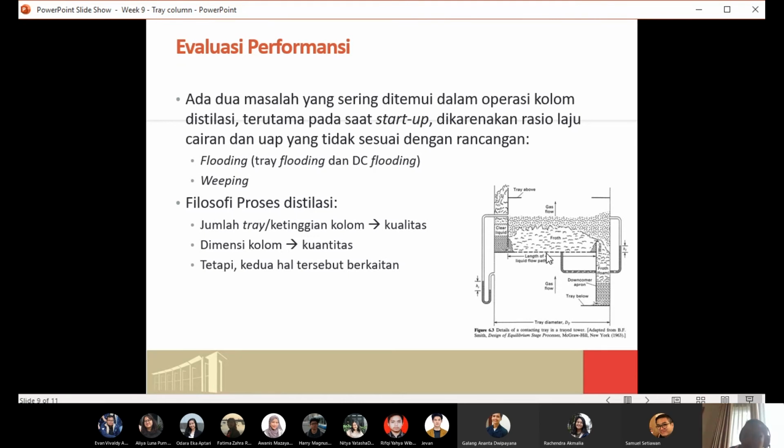But because you have jet flooding or liquid entrainment here, you will bring that dirty liquid, the higher hydrocarbon liquid, back to the above tray. So the separation in the above tray will be meaningless.